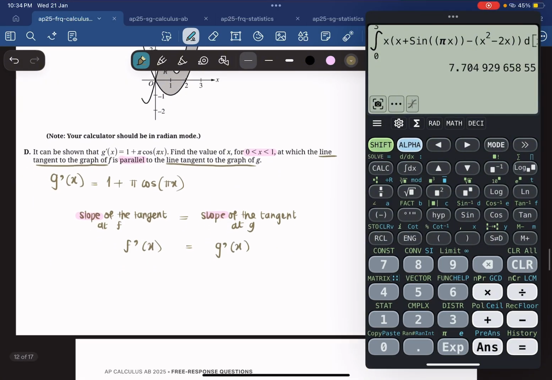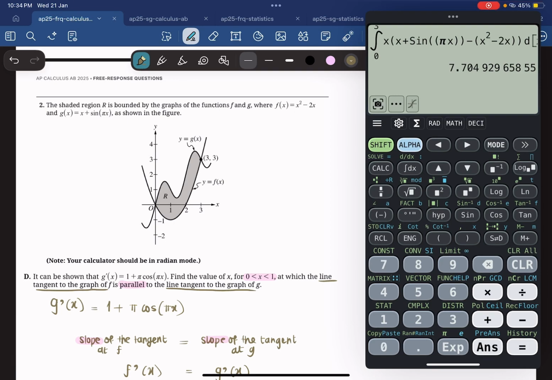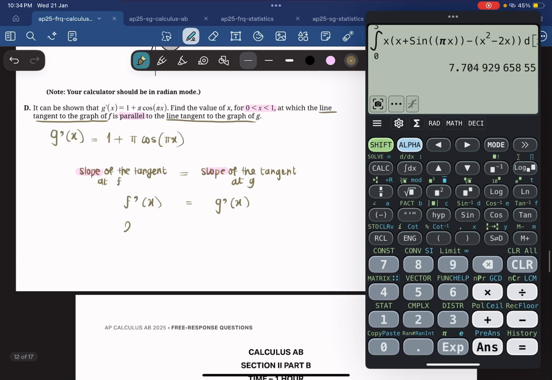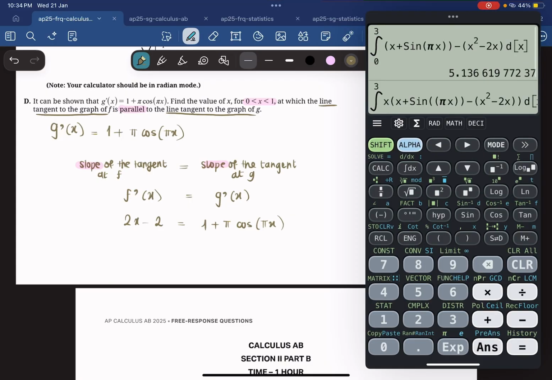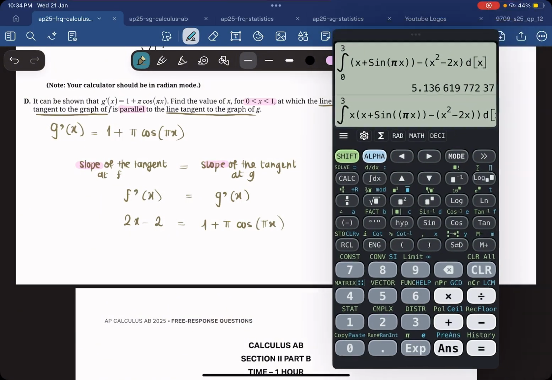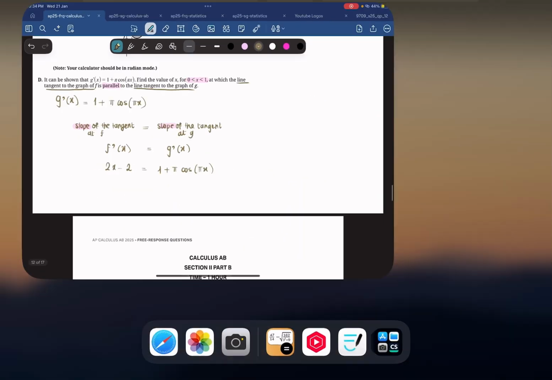Okay, now f prime of x, where is the function f of x? Here it is. We can derive x squared minus 2x. It's just 2x minus 2. So 2x minus 2 equals, they gave us g prime of x, 1 plus pi cosine pi x, and we can draw those two graphs on Desmos and get the point of intersection, right? So we're going to close this calculator and open Desmos.